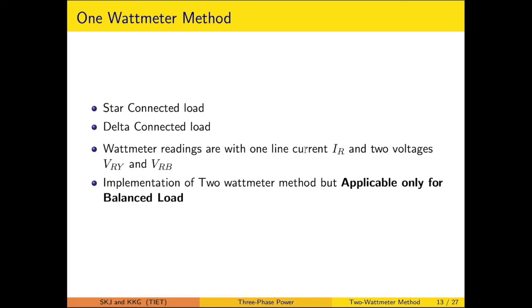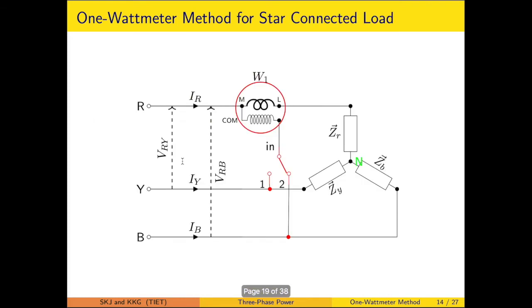However, we will be taking two voltage measurements, VRY and VRB. So that arrangement is worked out. Just to facilitate that, we will be making the two voltage measurements, VRY and VRB, and an SPDT switch is connected to facilitate that measurement.